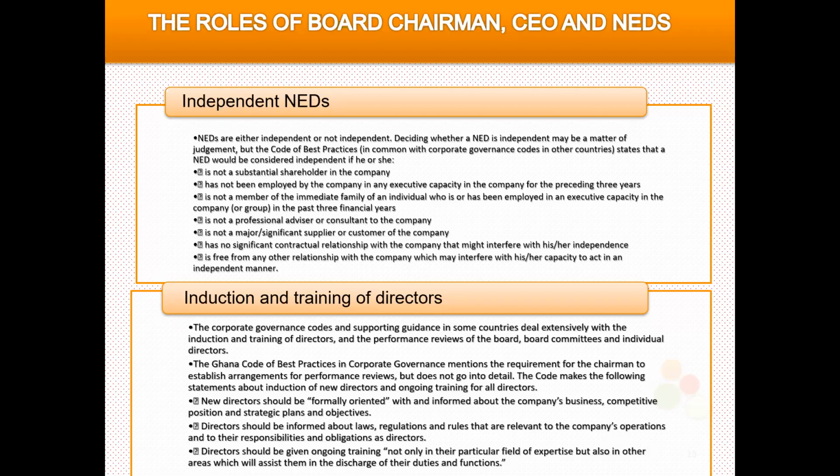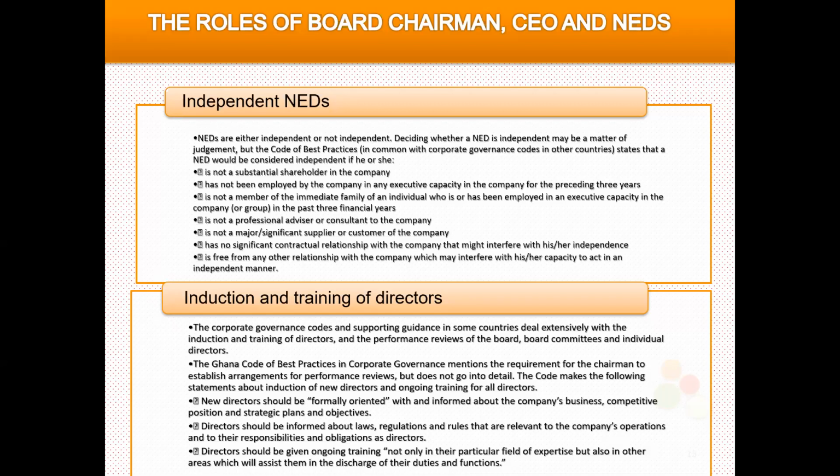It's not a member of the immediate family of an individual who has been employed in an executive capacity. It's not a professional advisor or consultant to the company. It's not a major significant supplier or customer, and has no contractual relationship with the company. That's when we'll call that person independent, or the non-executive director independent.